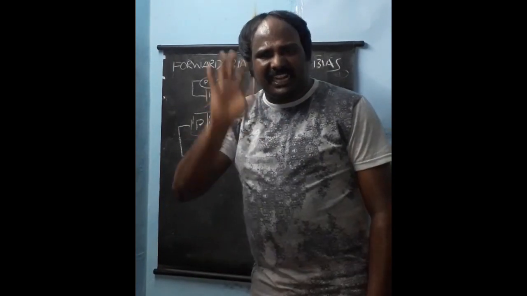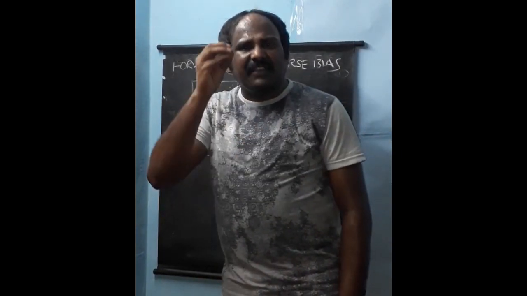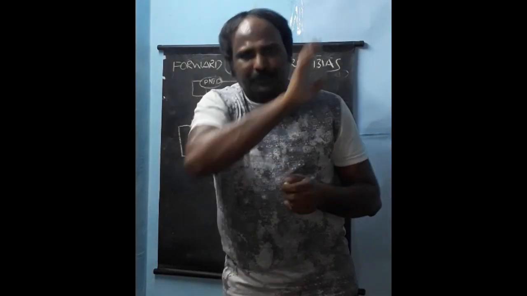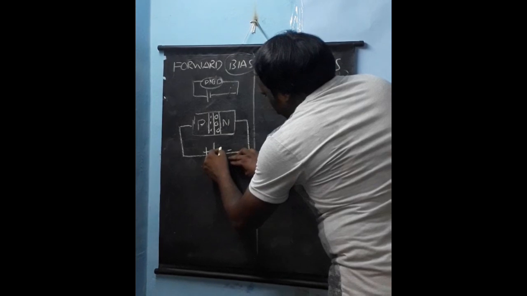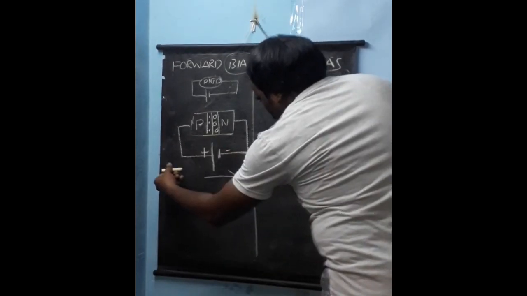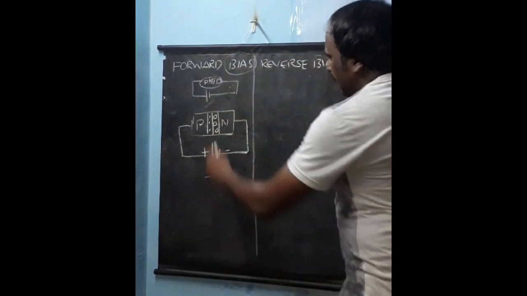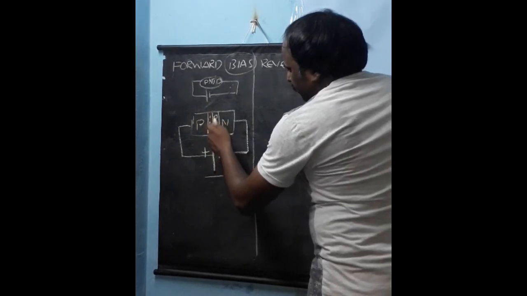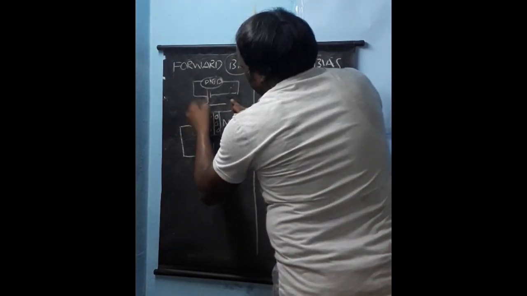Now coming to its electric field. This is the battery. The electric field direction is from positive to negative. In the depletion layer, these are electrons and these are holes; holes have positive charge and electrons have negative charge, so the direction will be in such a way.